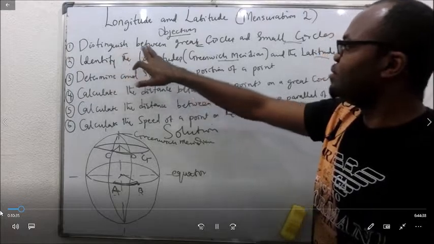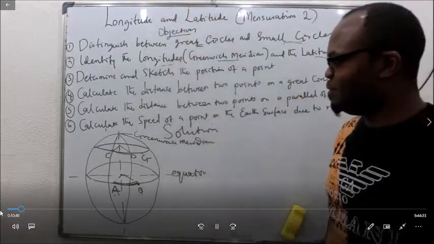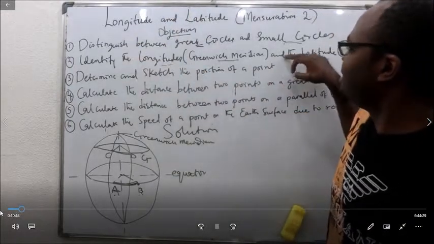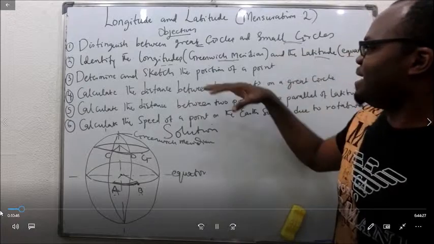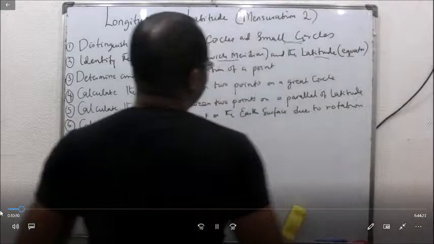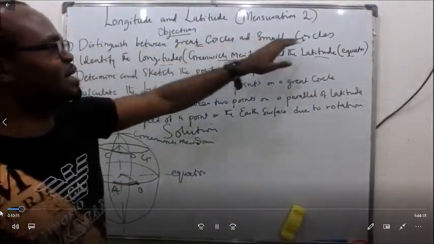Should be able to distinguish between great circles and small circles. And this objective, we've been able to solve up to this point. So in subsequent classes, we'll be doing the remaining calculations. So let me go through them again. Number one, distinguish between great circles and small circles.